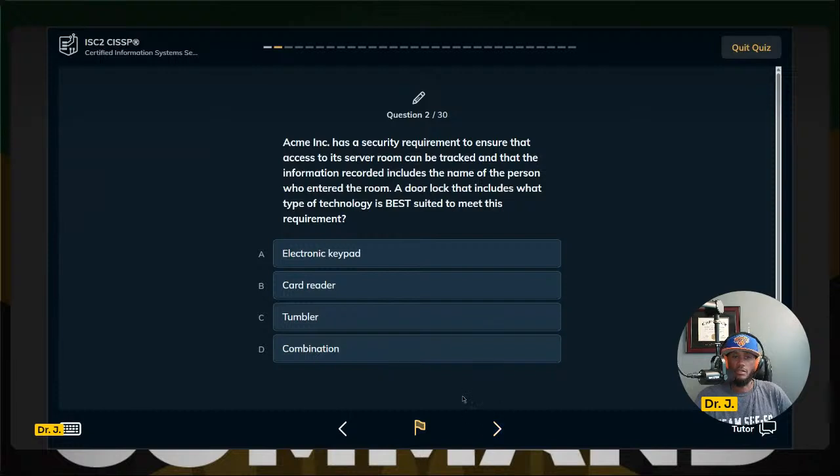All right, question two. Acme Incorporated has a security requirement to ensure that access to its server room can be tracked and that the information recorded includes the name of the person who entered the room. A door lock that includes what type of technology is best suited to meet this requirement?